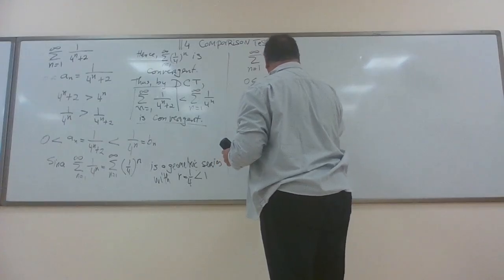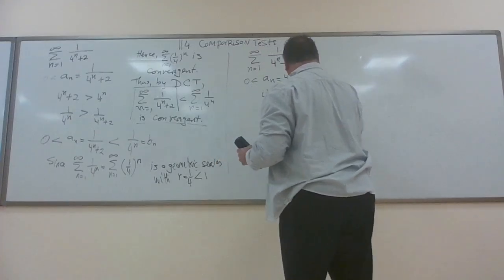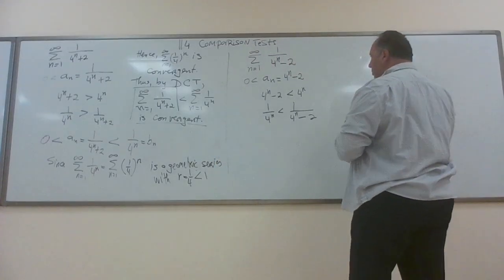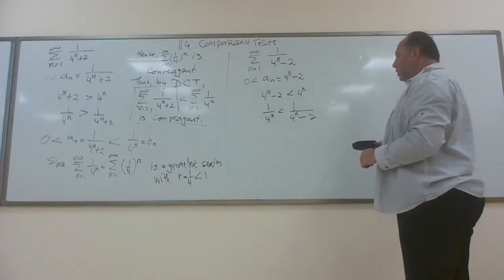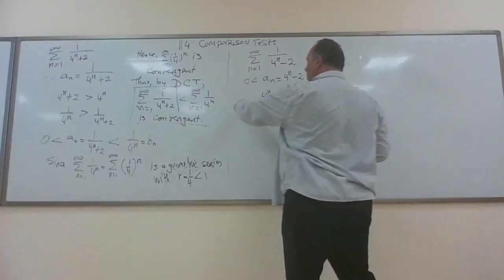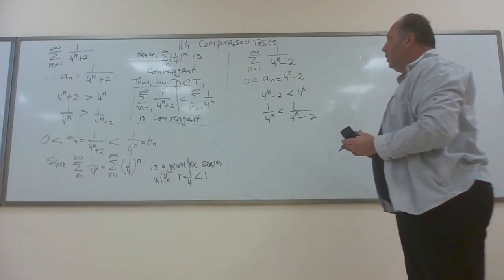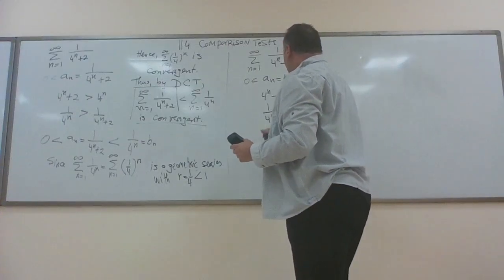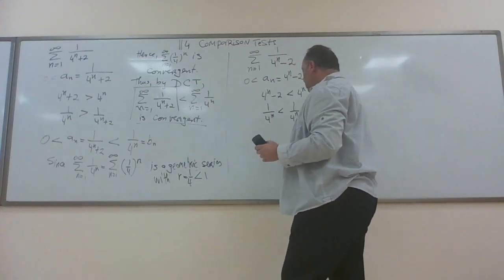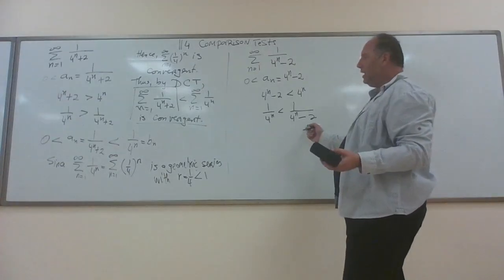So my b is this, but we just saw that this is a convergent geometric series. So I have the smaller series is convergent, but I cannot say anything about the bigger series.